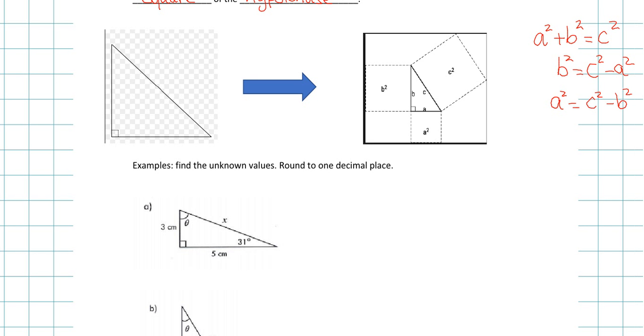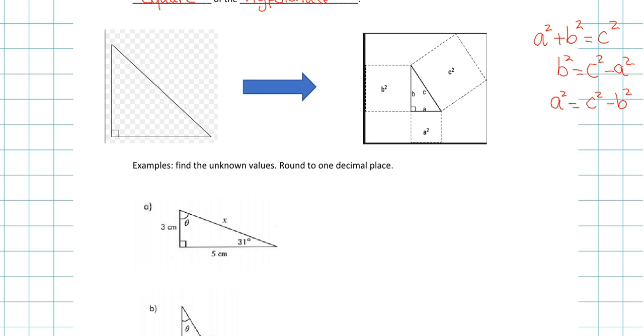Okay, here's an example. I have a right angle triangle. I know that because of the square on the corner. I have lengths 3 and 5, and I'm looking for x. What do we call x? What's that side called? The hypotenuse.